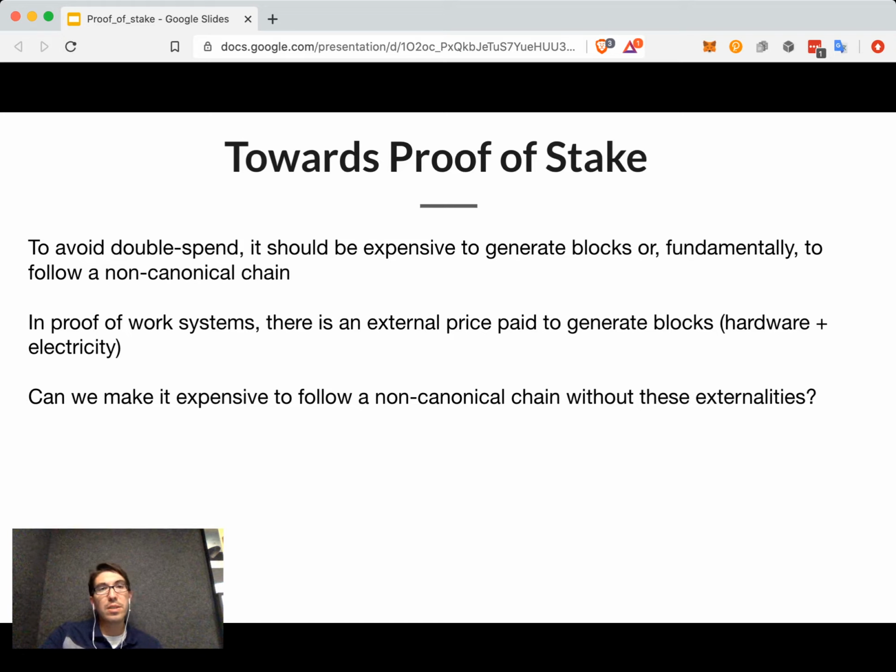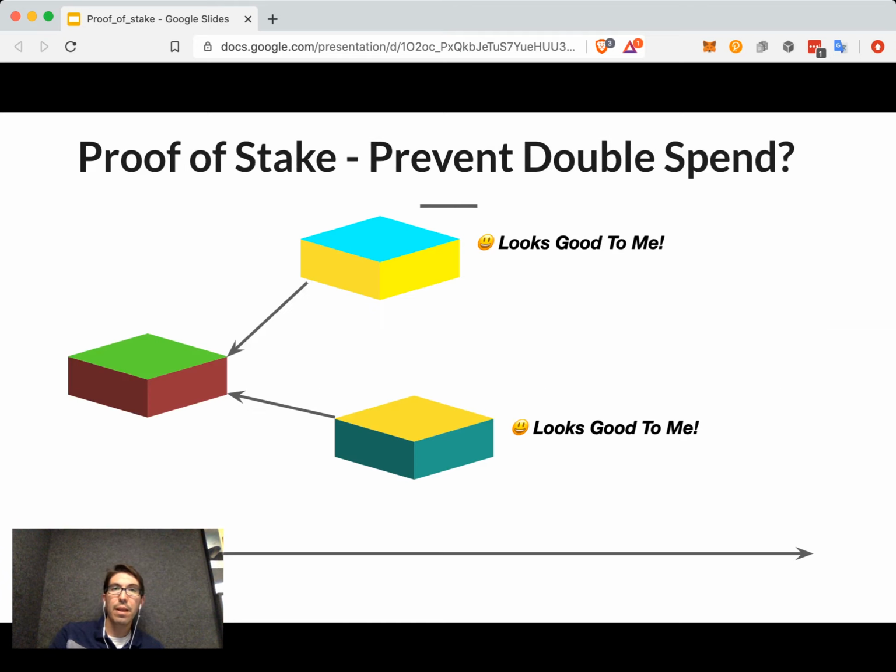In proof of work systems, there's an external price paid to generate blocks. You're using a lot of electricity to compute potential solutions to a problem in order to produce a block. So can we make it expensive to follow a non-canonical chain without relying on these externalities?